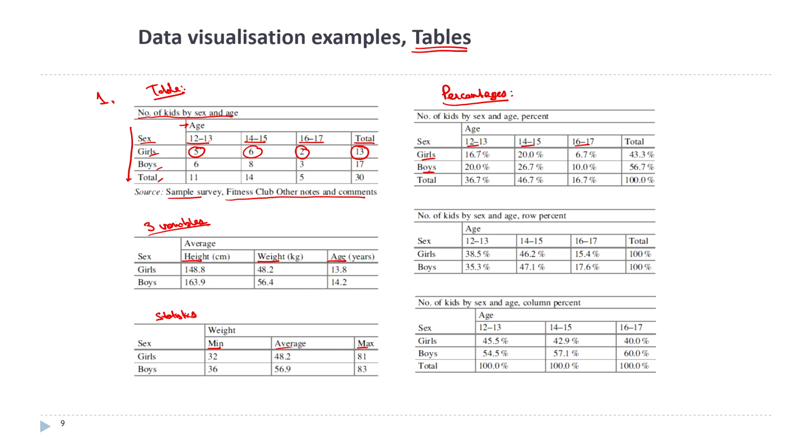We are saying 16.7% girls are there, or 20% of girls are there between 14 and 15, or 6.7% girls are there between 16 and 17 age group. So, total 43.3% are the girls and 56.7% are the boys. The percentages are also important because they help us build different kinds of charts. For instance, a pie chart is built up through the percentages only.